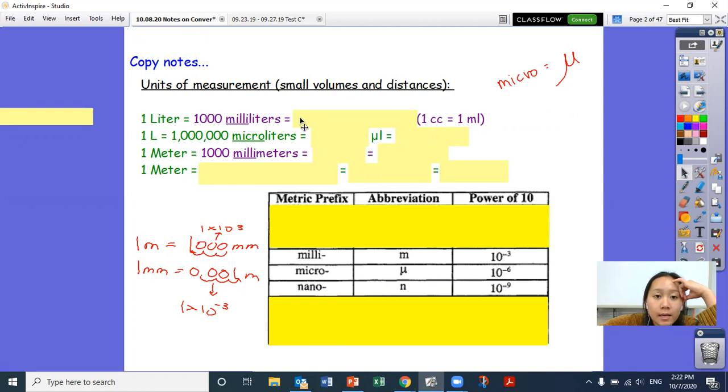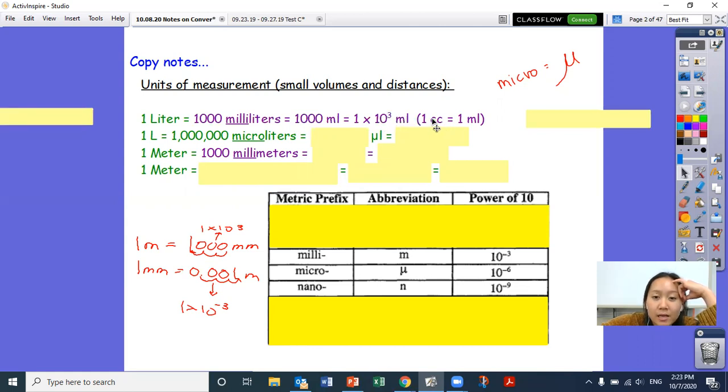Okay. And then 1 liter is also equal to, this is the other way to write it in shorthand, lowercase ml, which is the same as milliliter. And then if you write it into scientific notation, you're moving the decimal from behind this last zero up 1, 2, 3 times behind the 1. And you're going to have 1 times 10 to the, how many times did you move it? 3 milliliters.